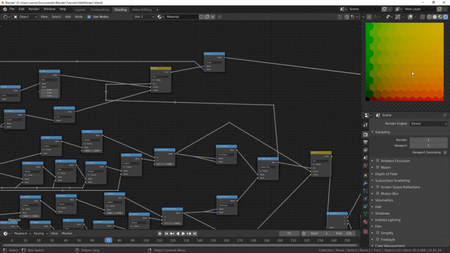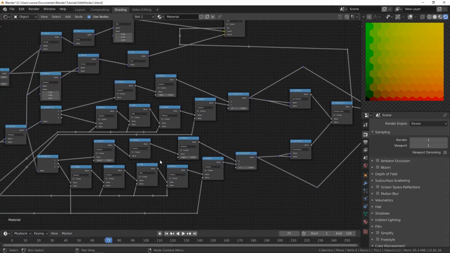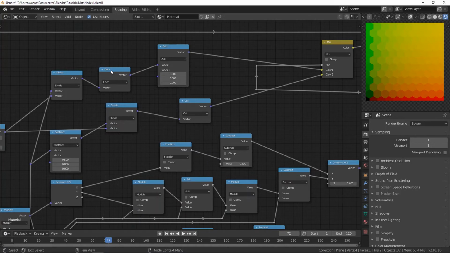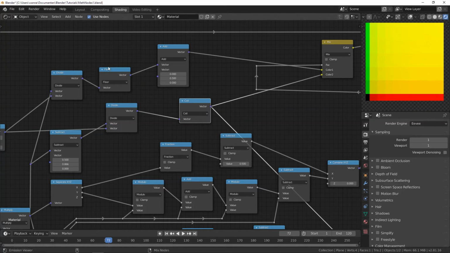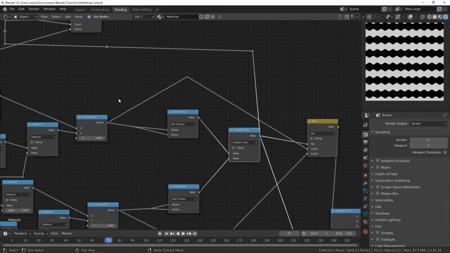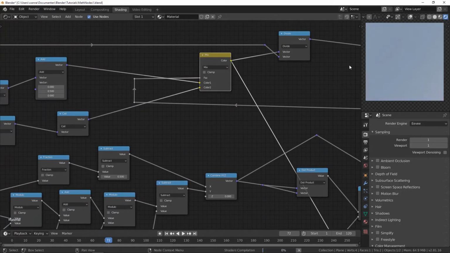The math for creating this pixelized version is exactly the same as here, except that now we use ceiling and floor. So as you can see, we also divided the grid into two parts and then use this factor to combine them together.